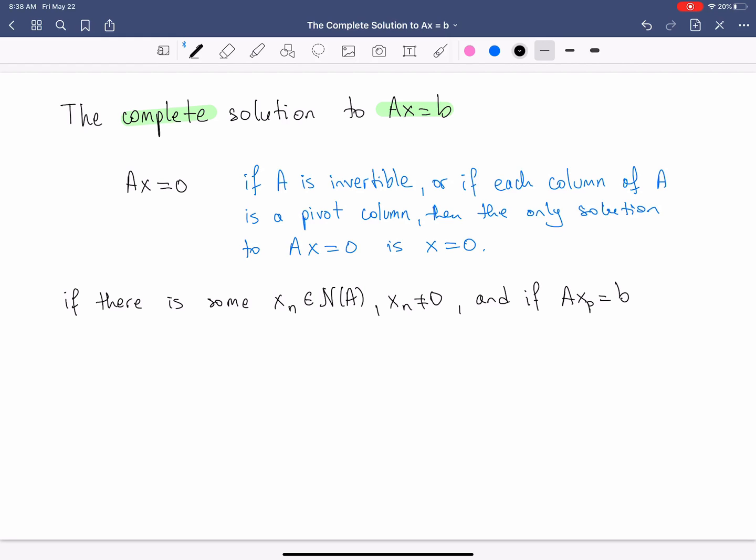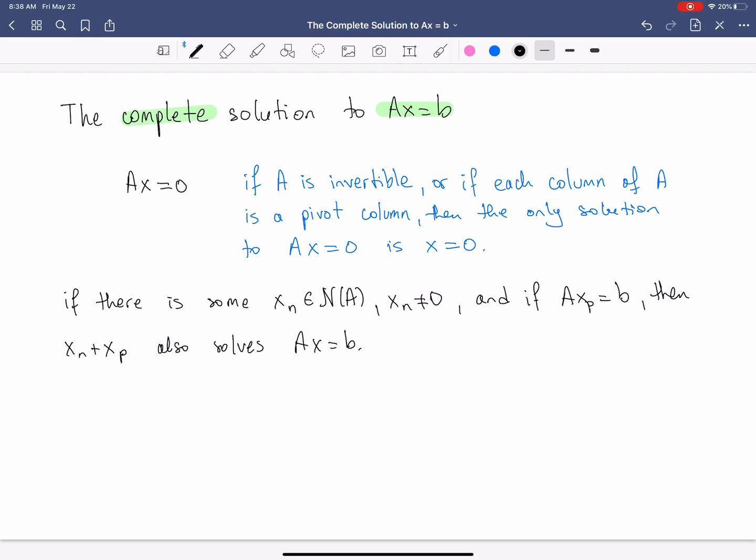This is a particular solution, and xn is an x in the null space. So if we have an x in the null space and if we have a particular solution, then xn plus xp also solves AX equals b.